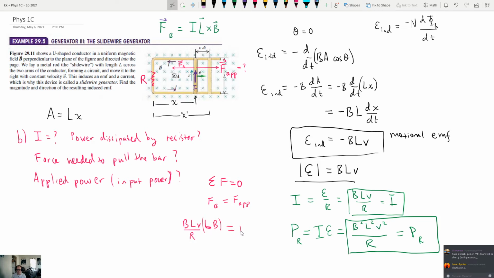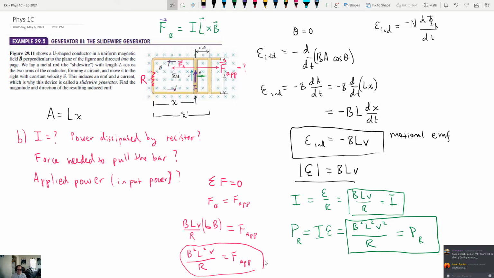So that should be equal to the applied force. And so it's going to be B squared L squared V divided by R. Does that make sense?